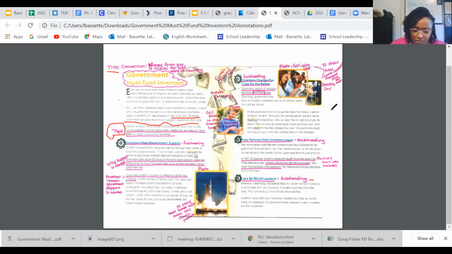Explaining why photos are included. That would still be the author's purpose. Author's purpose. So when we go into author's purpose, these types of things would need to be addressed. Okay.